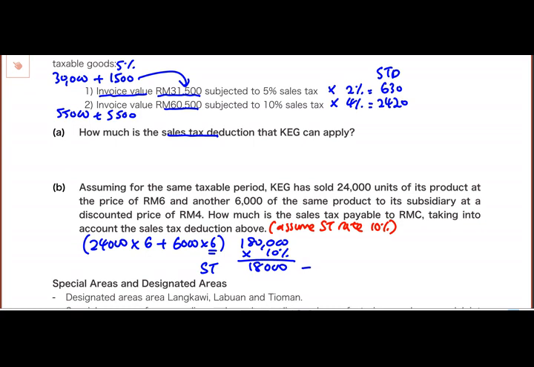But your sales tax deduction will be 3,050. That 3,050 comes from the figures above. So you only pay the balance.